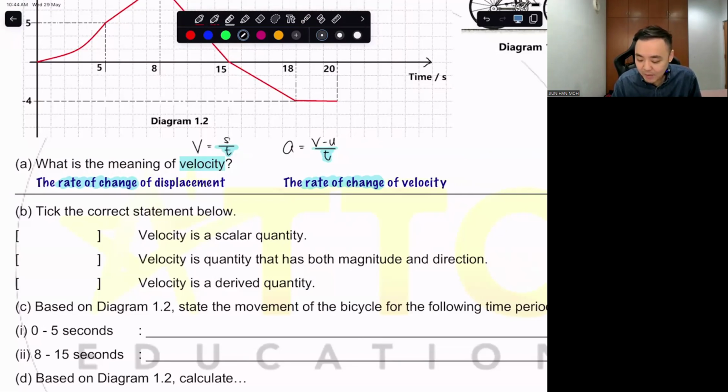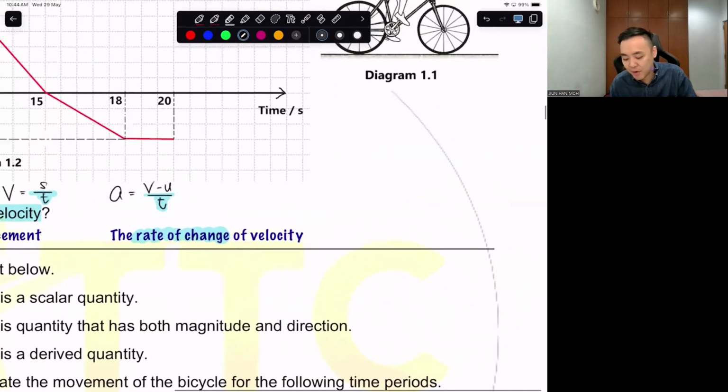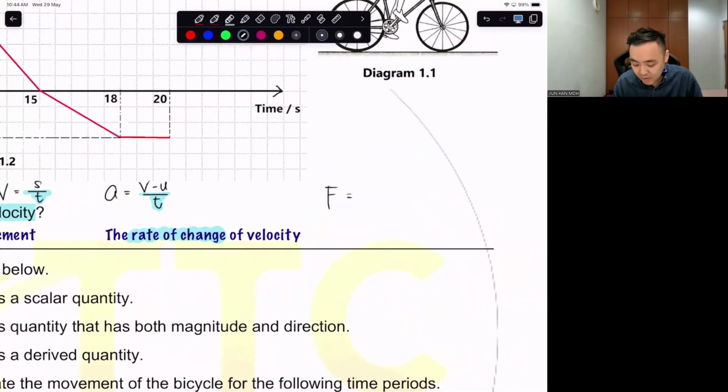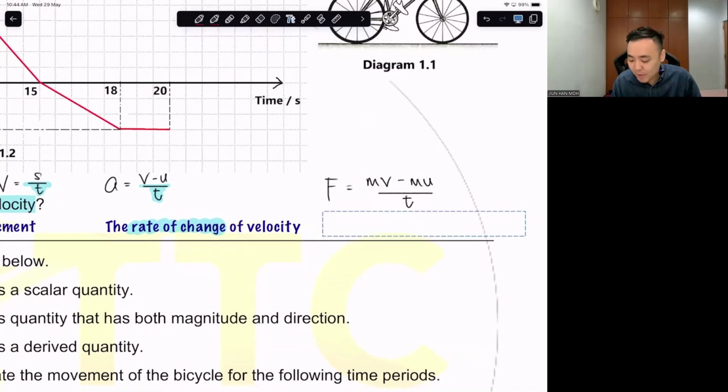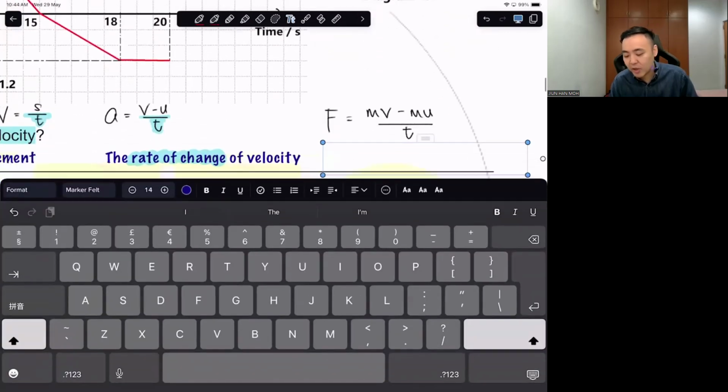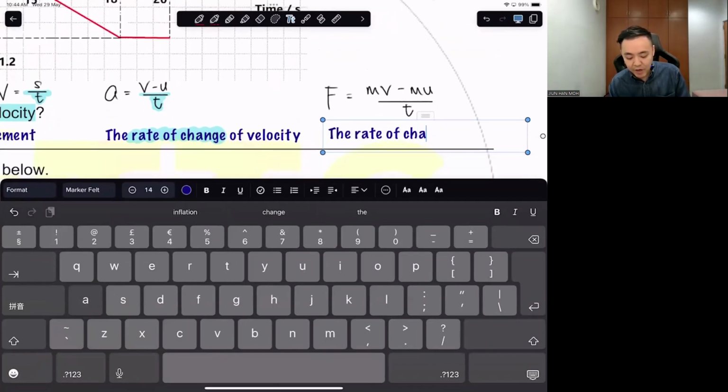Now, what's the formula for impulsive force? mv minus mu over time. Based on this, will you be able to tell me what the definition is? Rate of change of what's on top?